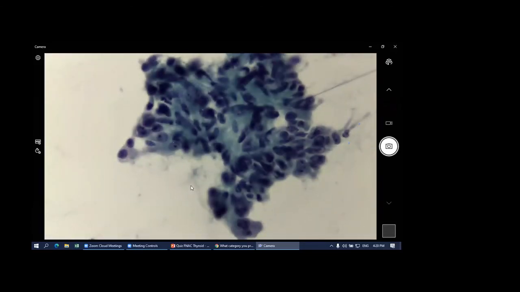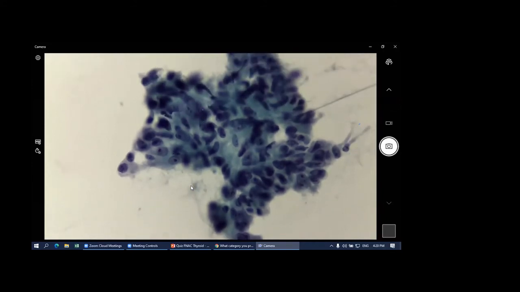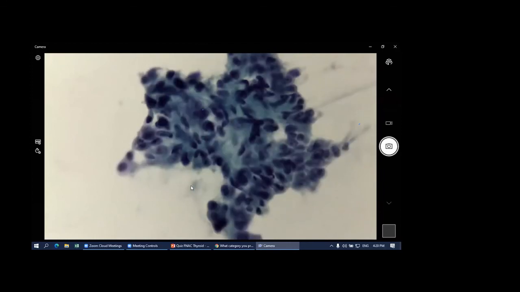Can you see that? Can you appreciate the cells?